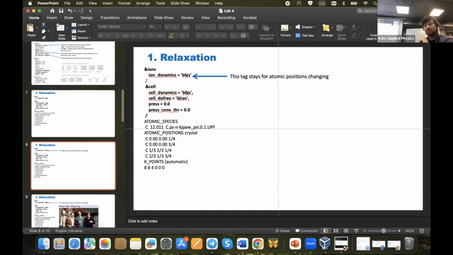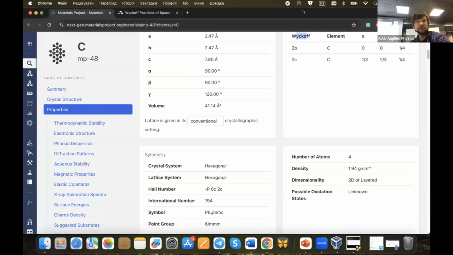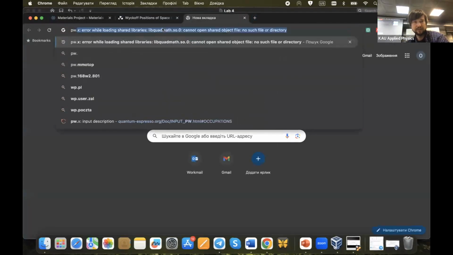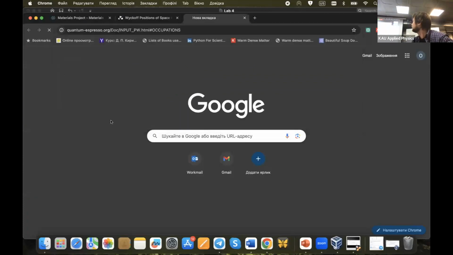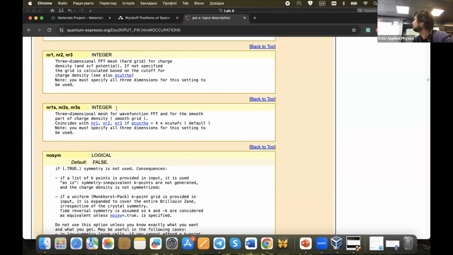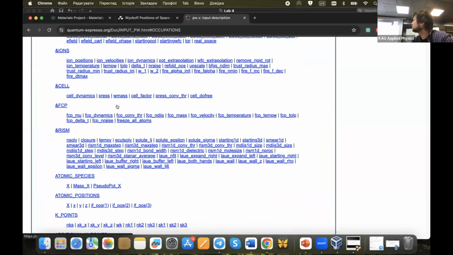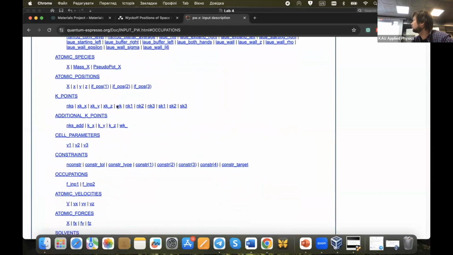If I take ibrav, I tell the program that we should keep the same symmetry. Okay, I will show you this in the Quantum Espresso documentation, pw.x. We have this ions block.